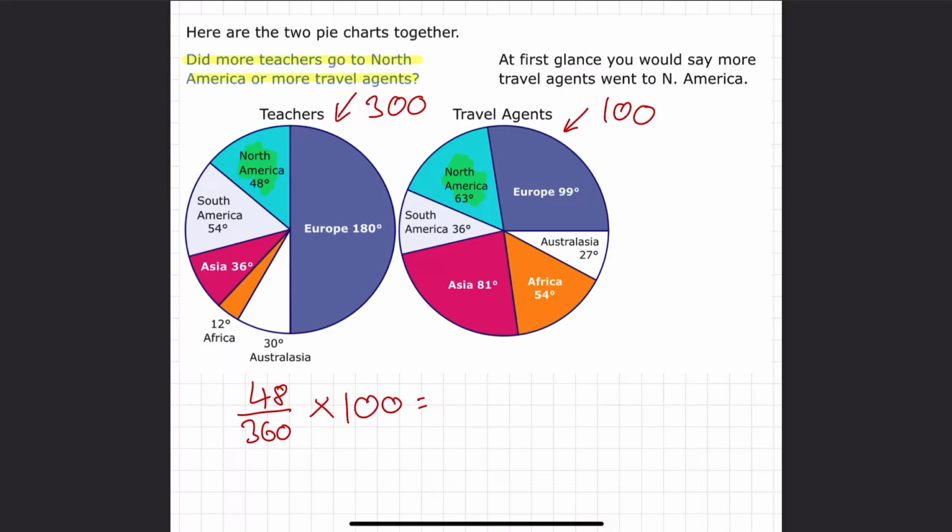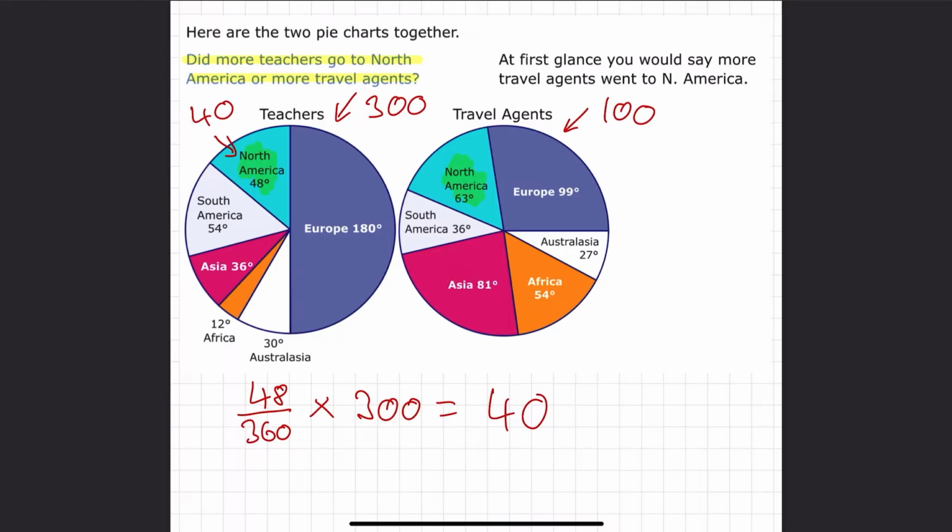Oops, I meant to times it by 300 because the sample was 300. So let's do that again. My bad. Gives me 40 even. 40 teachers travelled to North America if I use a sample of 300.